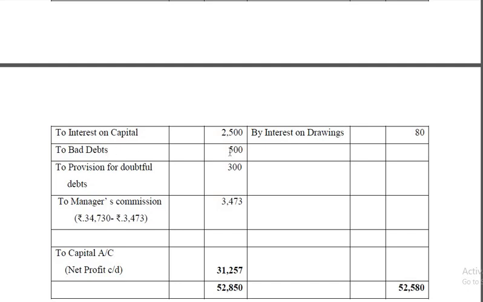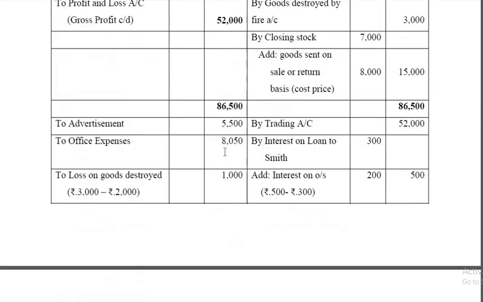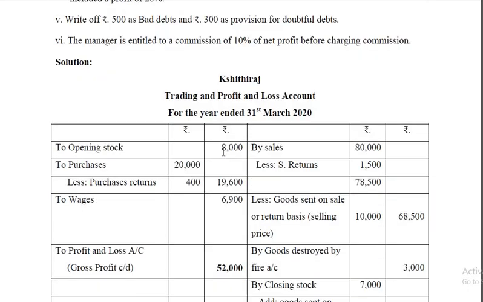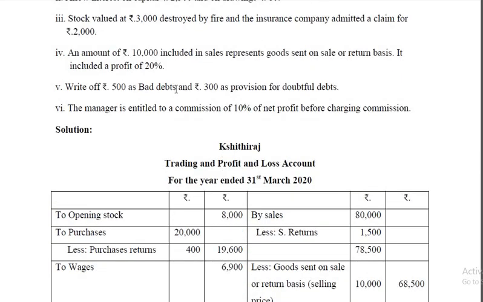So the bad debts, 500, should be taken to the outer column only straight away. Then it should be deducted from debtors on the asset side of the balance sheet. Let me repeat, it should be debited to profit and loss account, and then it should be deducted from sundry debtors on the asset side of the balance sheet.